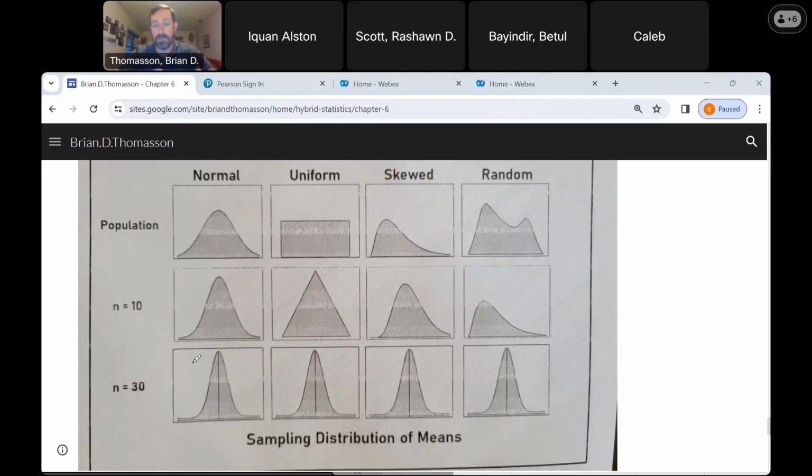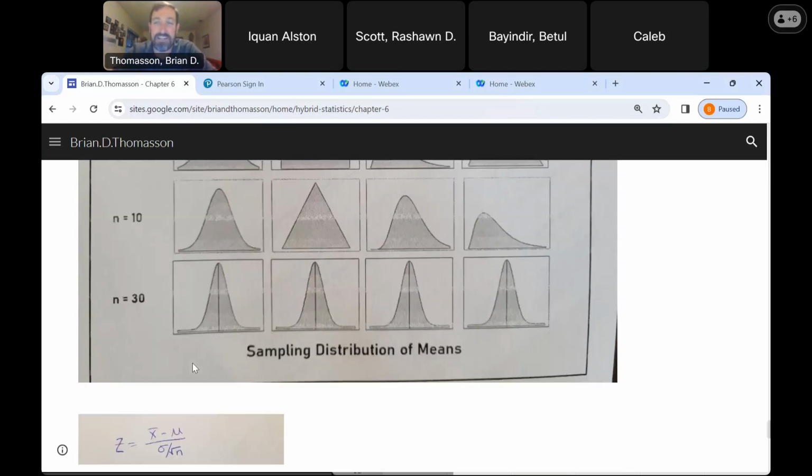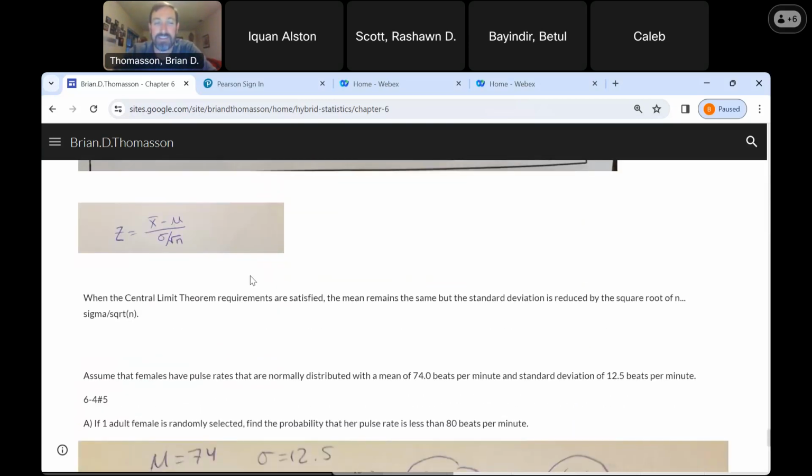All right. So I realize that all that is a little confusing. Let's figure out how that applies to what we're trying to do and why this changes things. We have a new conversion. If we're talking about a mean, we do a similar conversion like we did in the previous section, but now we take the sample mean minus the population mean, and we divide by the new standard deviation.